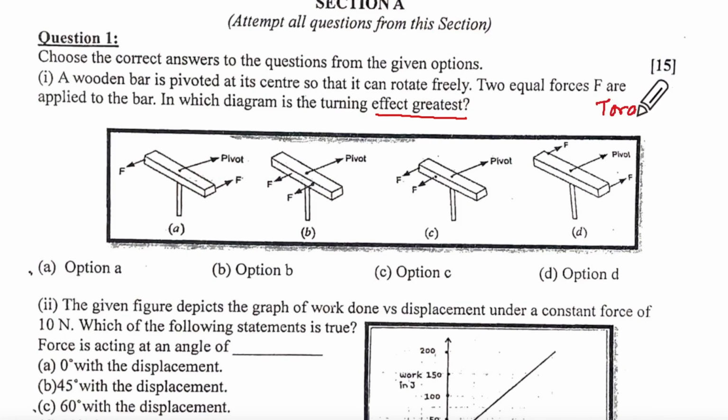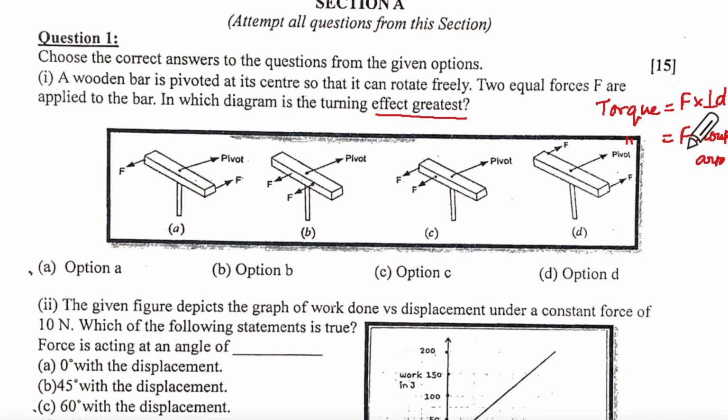Turning effect means torque, which is equal to force into perpendicular distance, correct? Yes. Now there are two equal forces F, so this is going to be a couple, so either force multiplied by the couple arm, in this case.